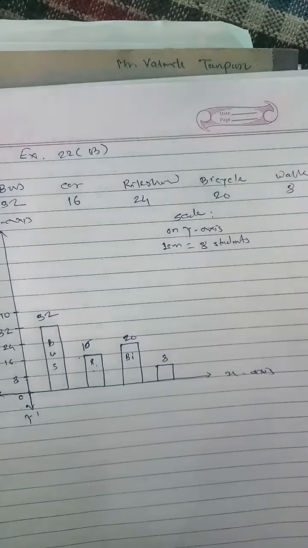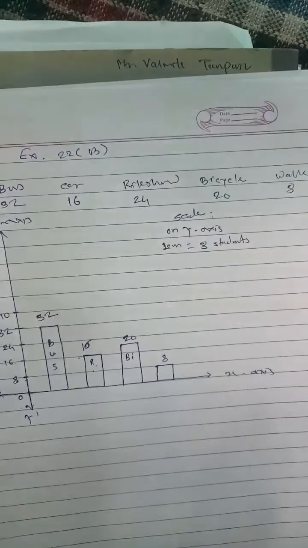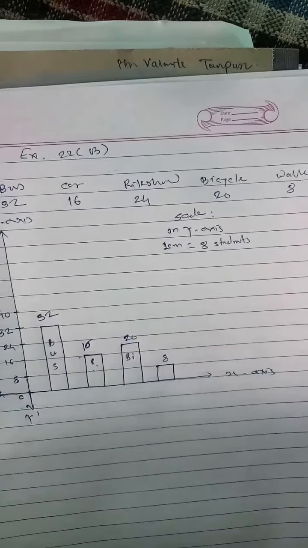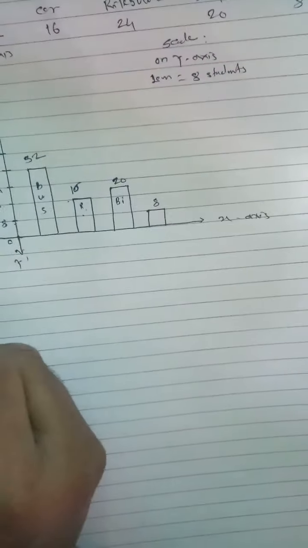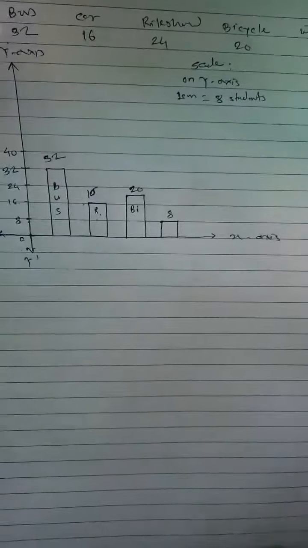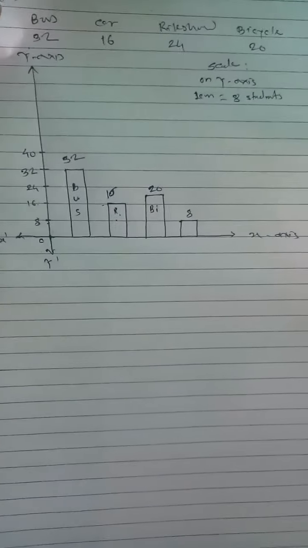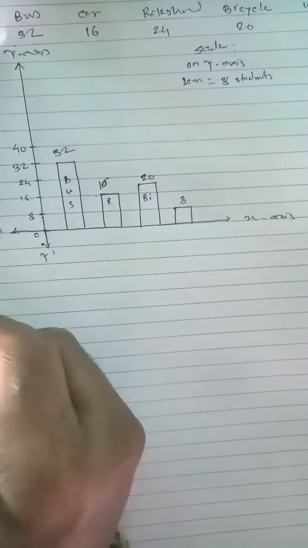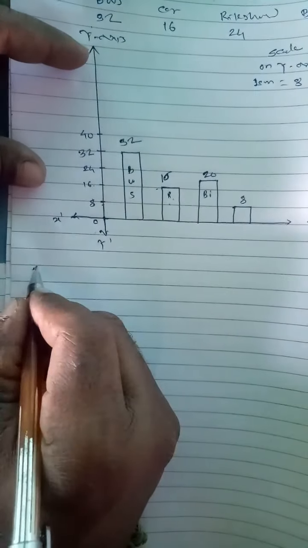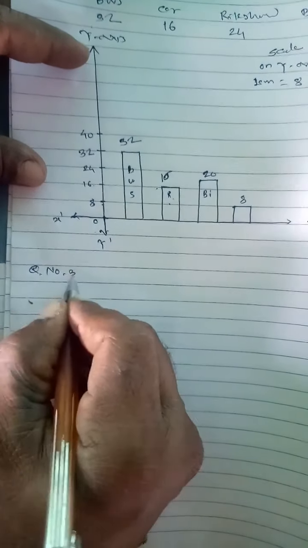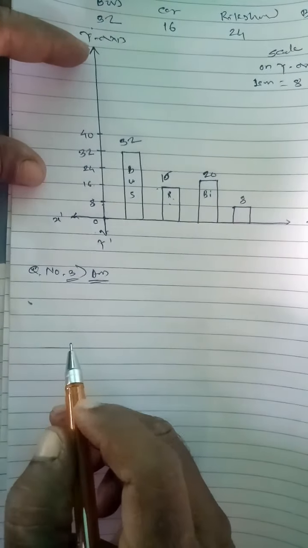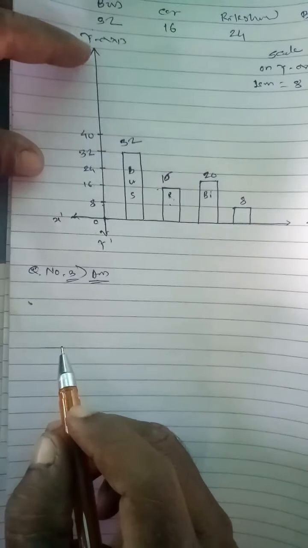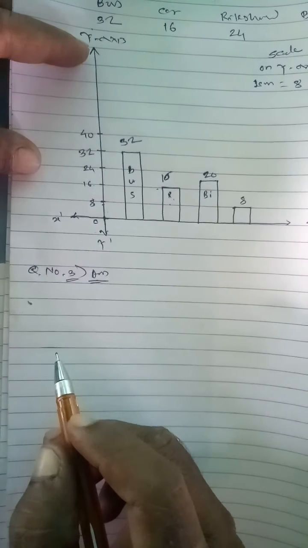Next we will see question number 3. The percentage of marks obtained by Ashok Kumar in different subjects in one examination is given below.